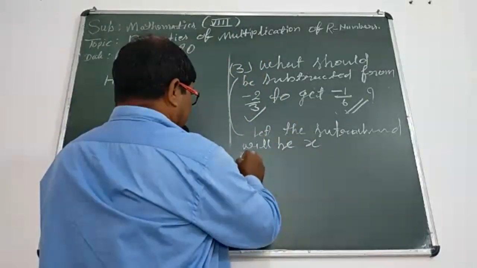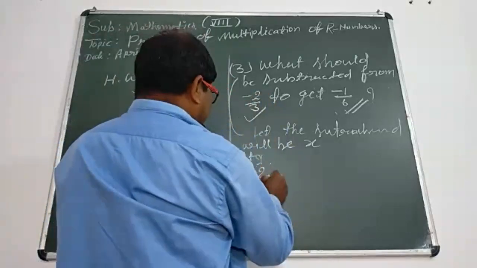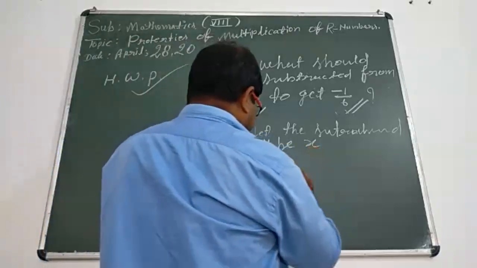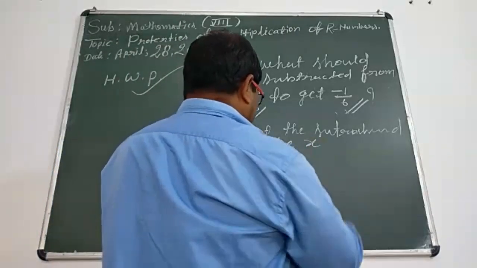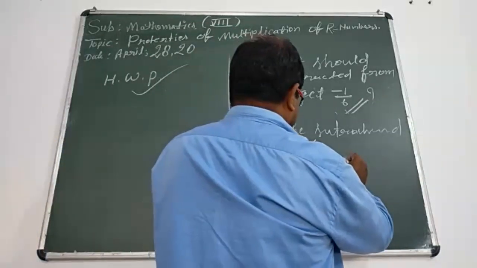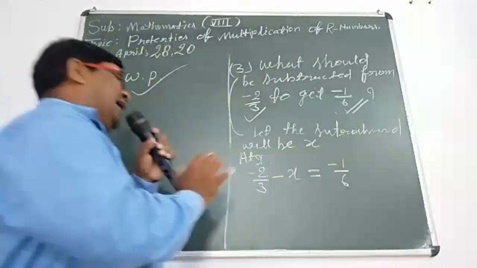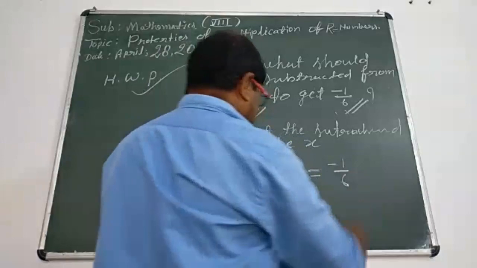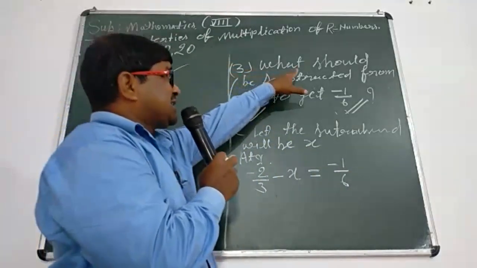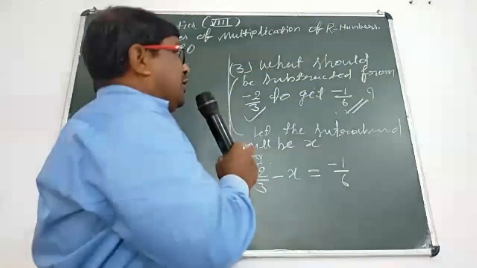Okay, now according to the question, your rational number is minus 2 upon 3. You are going to subtract the subtrahend x, and you are getting minus 1 upon 6. So minus 2 upon 3 minus x equals minus 1 upon 6. Mind this type of question. Generally, students do the mistake always.